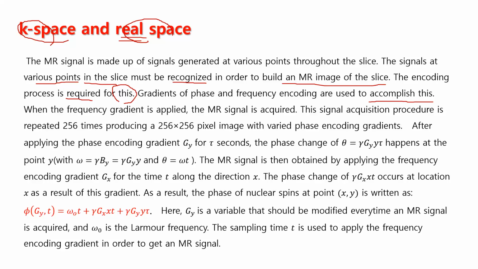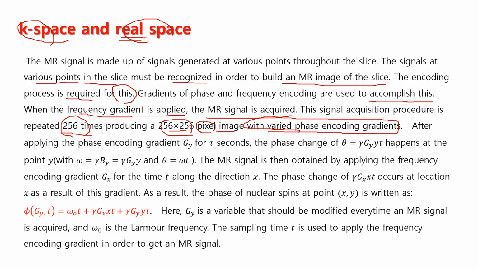When the frequency gradient is applied, the MRI signal is acquired. This signal acquisition procedure is repeated 256 times, producing a 256 by 256 pixel image with varied phase encoding gradients. So we have to repeat data acquisition 256 times.